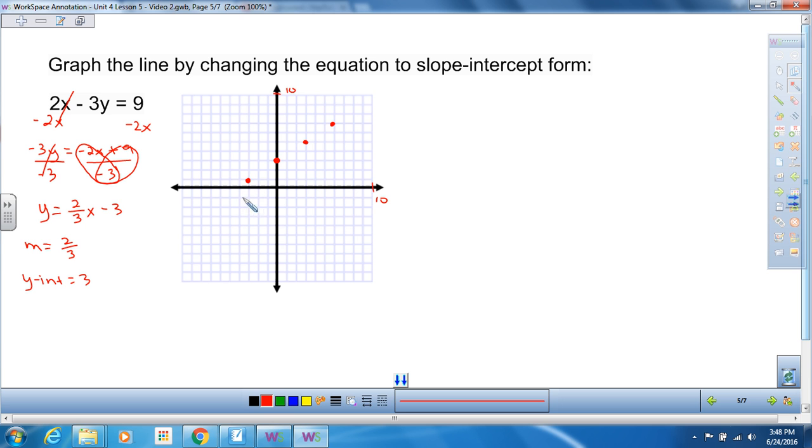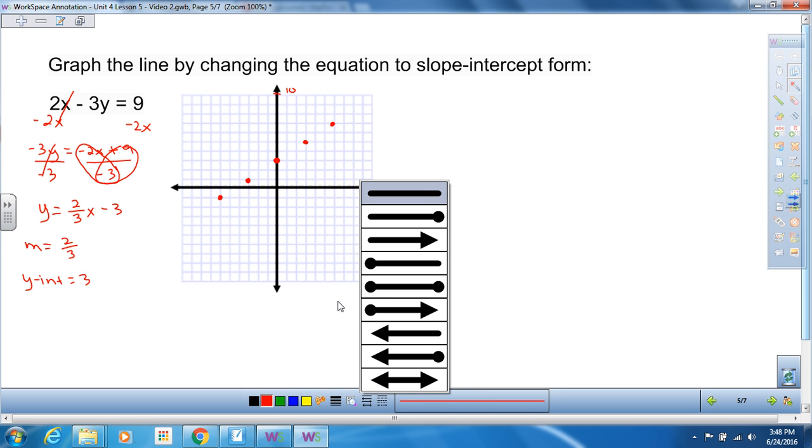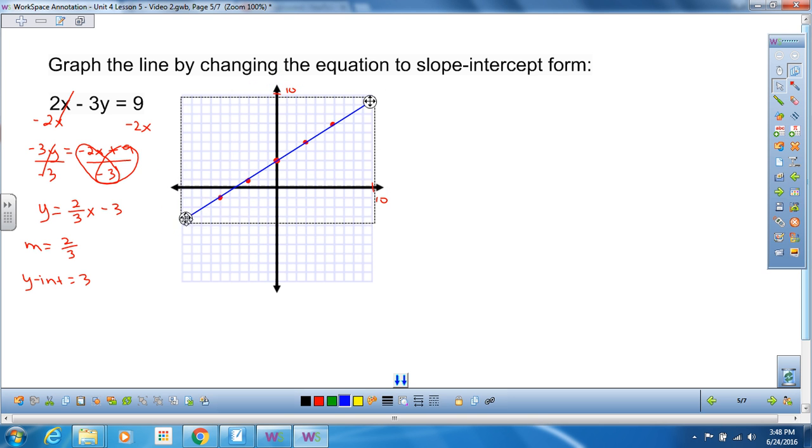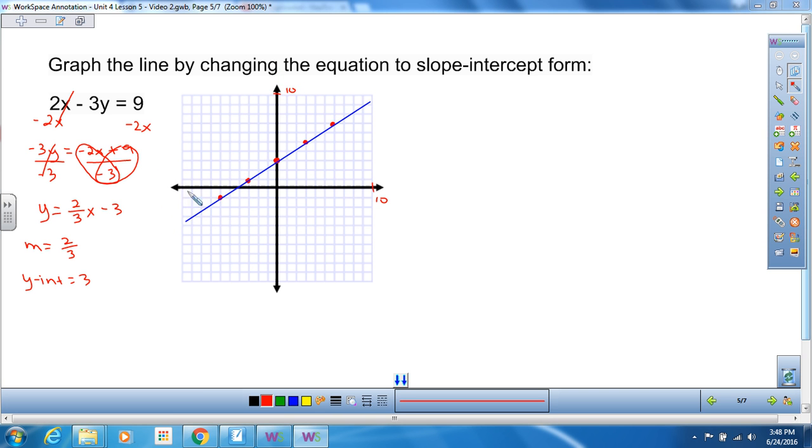And then you go the opposite, down 2, left 3. Okay. And I want to connect these. And have arrows at the end.